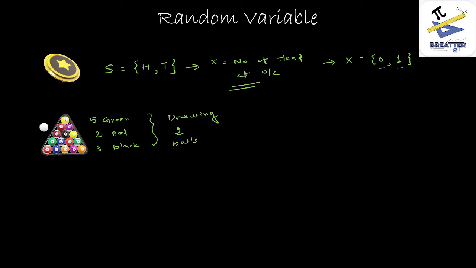Now there are a number of possible outcomes, but let us define random variable x as the number of black balls. So what are the possible values of x? That could be either 0 black balls in the drawn balls, it can be 1, it can be 2, or all the 3 balls drawn are black. So x has a countable number of outcomes, that means 0, 1, 2 and 3.